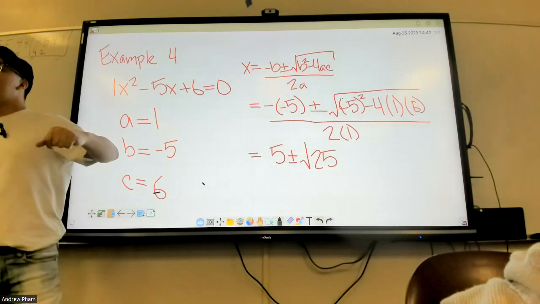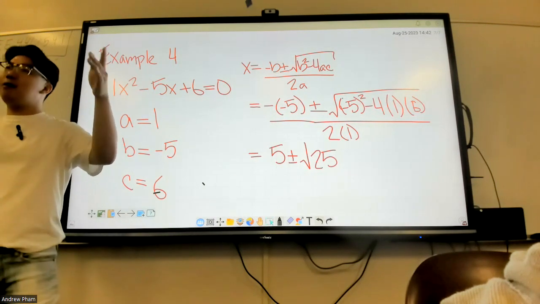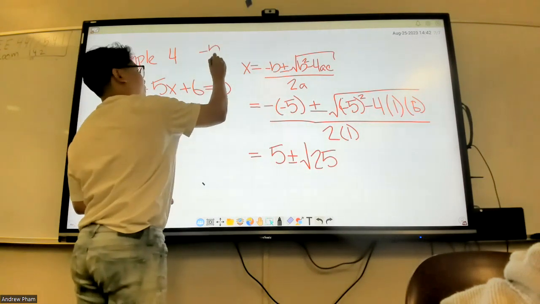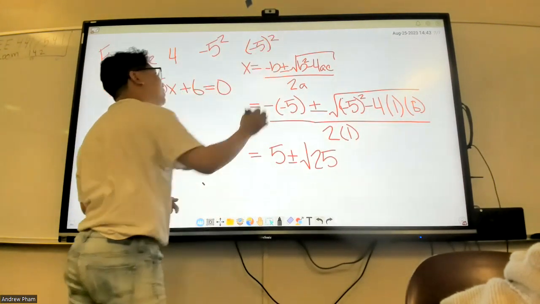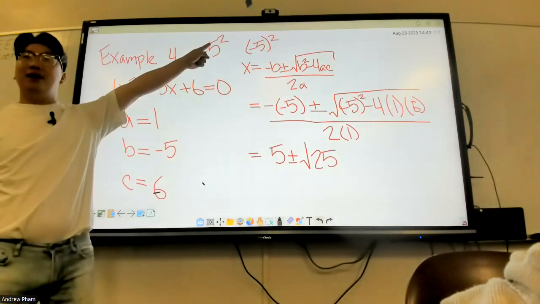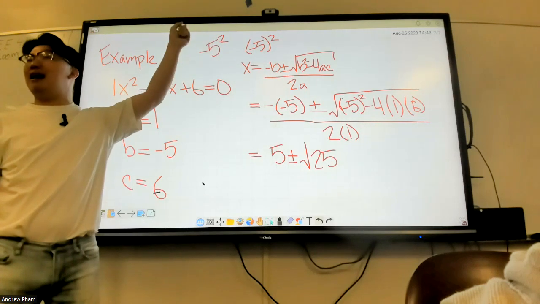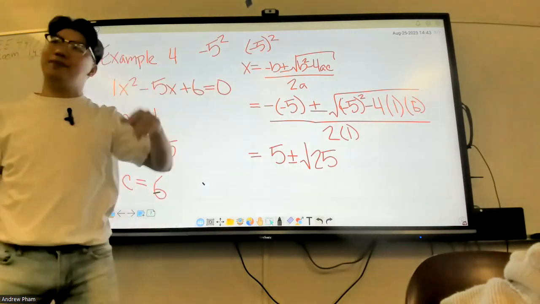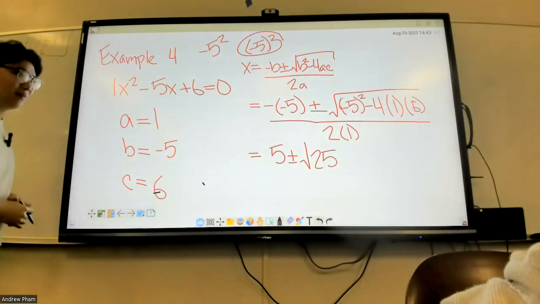If you type that into your calculator, make sure you put parentheses around negative 5, then squared. Don't put this into your calculator. Because remember, calculator follows PEMDAS. It does the exponent, 25, and then times negative 1. But you want it to be negative 5 times negative 5. So make sure you're doing this one if you're using a calculator ever.